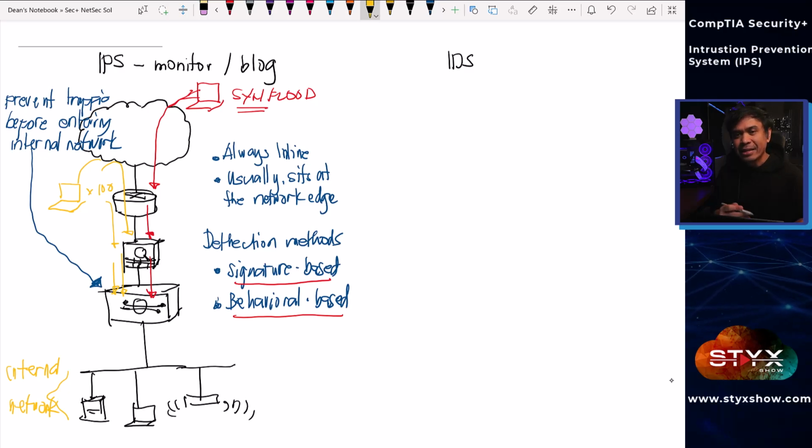Okay, it identifies the normal behavior by creating a baseline. So as it sends to the internal network, whether server or other endpoint devices, IPS collects and identifies and forms a baseline pattern.